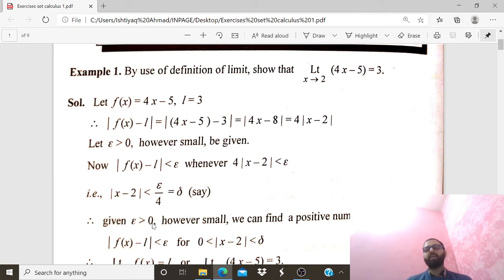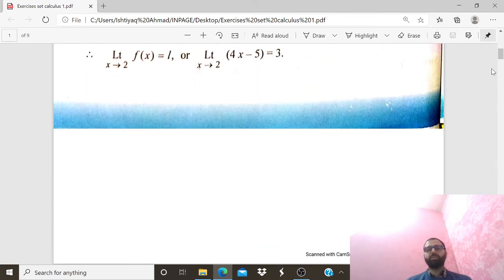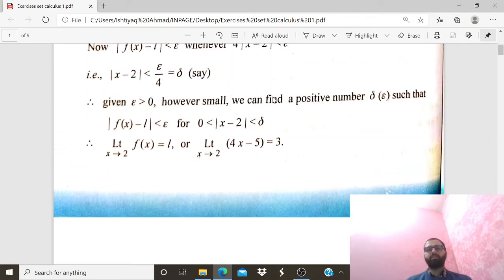So for any given epsilon greater than 0, however small, we can find a positive number delta, and you can see that delta depends on the epsilon, because it is epsilon by 4. From here we conclude that for all epsilon greater than 0, we have a number delta depending on epsilon, such that mod of f(x) minus L is less than epsilon whenever mod of x minus 2 is greater than 0 and less than delta.